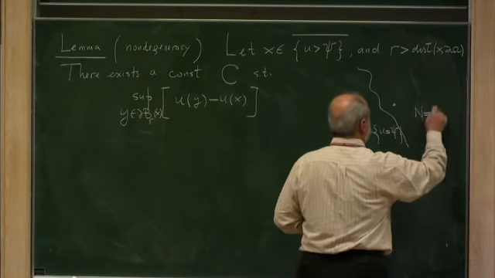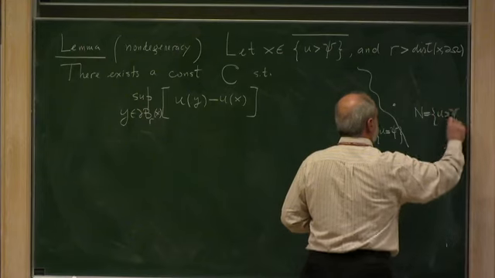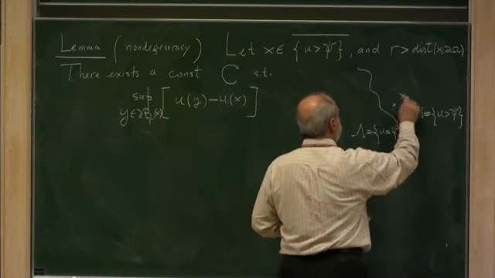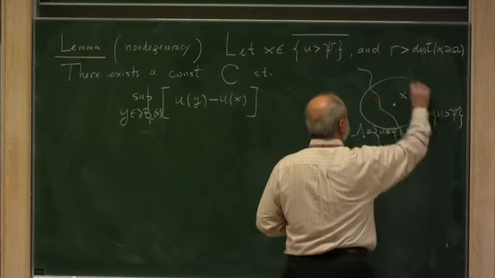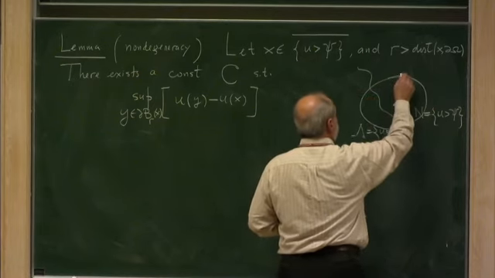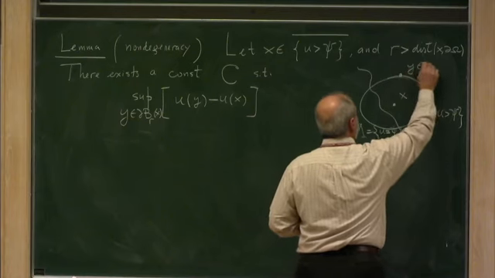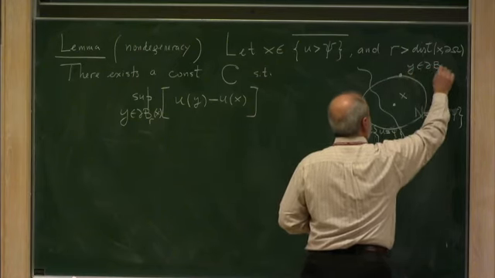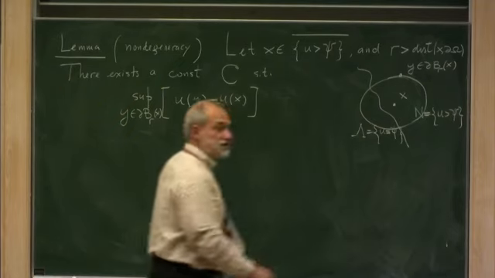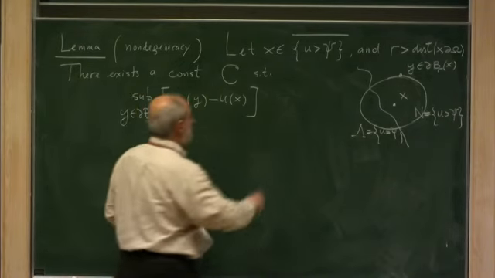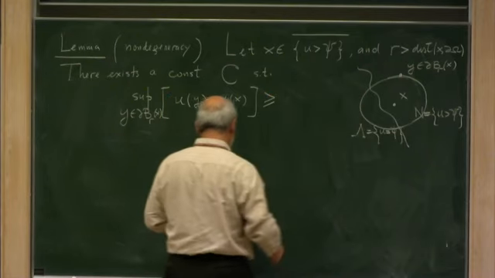Here is the non-contact set. This is the point x. We are looking at a ball. There has to be a point on the boundary of a ball where the function u grows strictly quadratic.